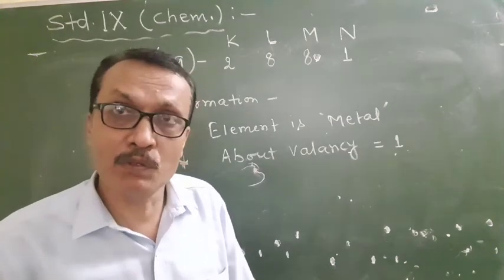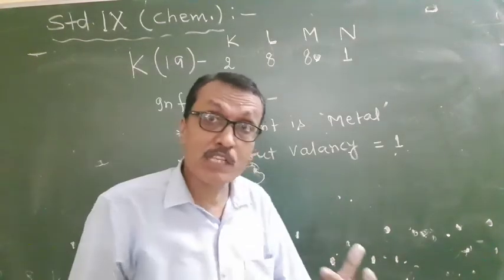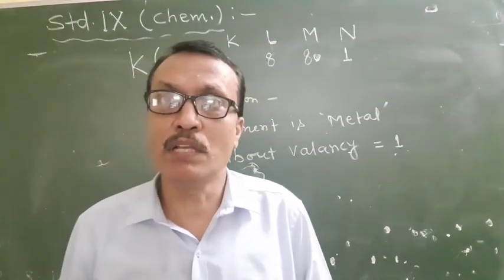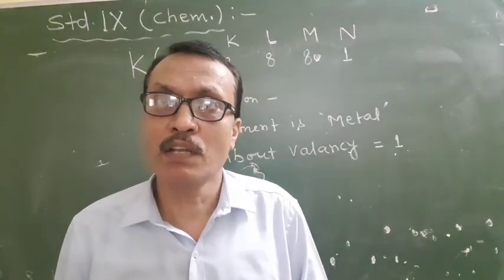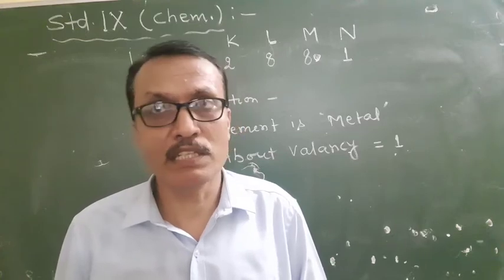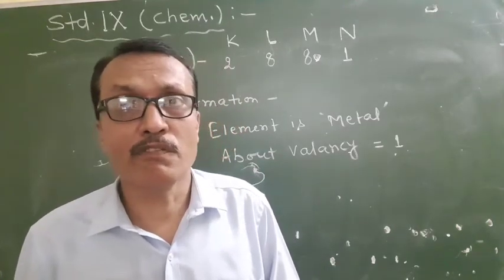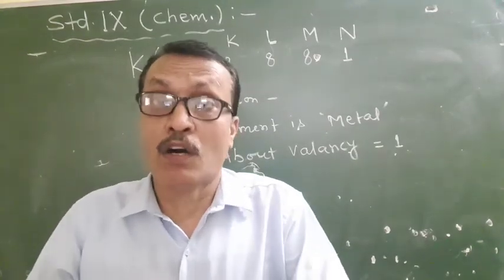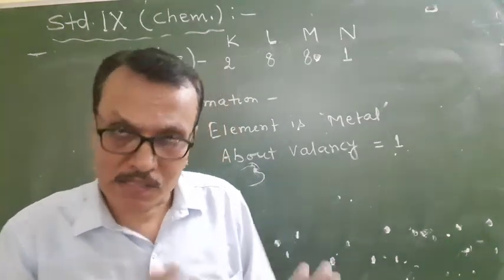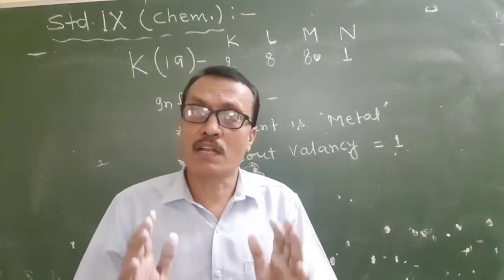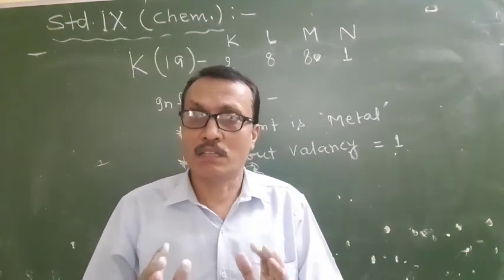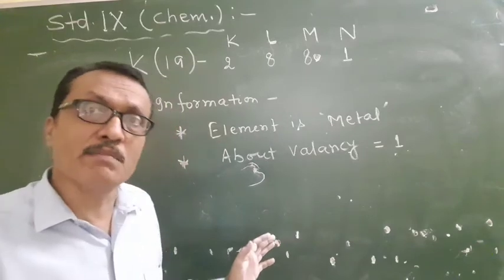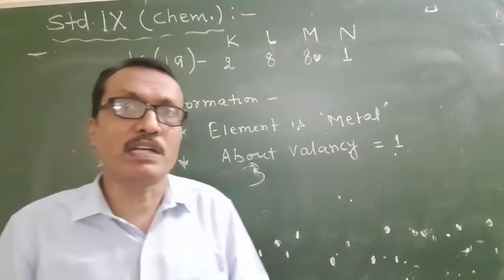And if you get the valency of an element, you will be successfully able to write the electronic configuration of any given substance. So this is a very important topic, and I hope all will watch this video and try to learn the main points of the scheme.